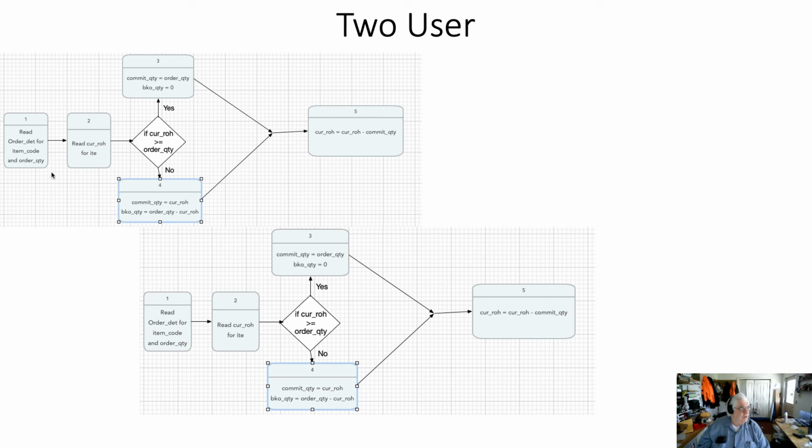When they read, there's still 10 on the shelf. They make their decision. This person says, well, I put back, there's still 5 there only. This person comes in and says, well, no, I took 9 and there's 1 there. So we are in deep trouble because we've overcommitted.